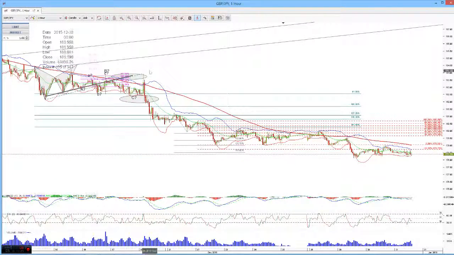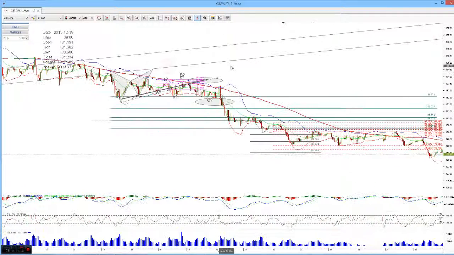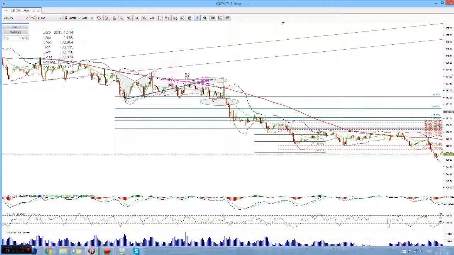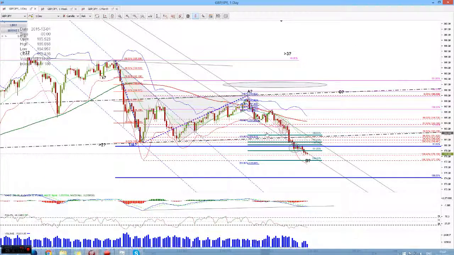Those harmonic patterns are quite reliable. We had one on the 1 hour chart. I've shown it a few days ago. It was in mid December, and that was the final move. So we were somewhere here.